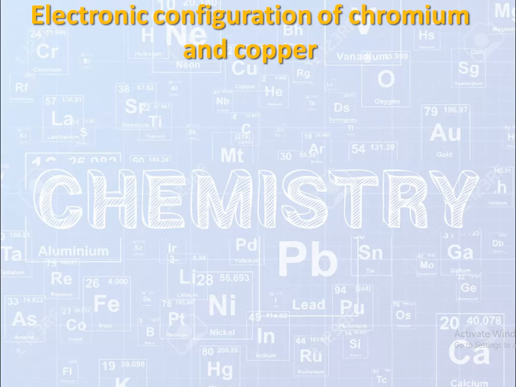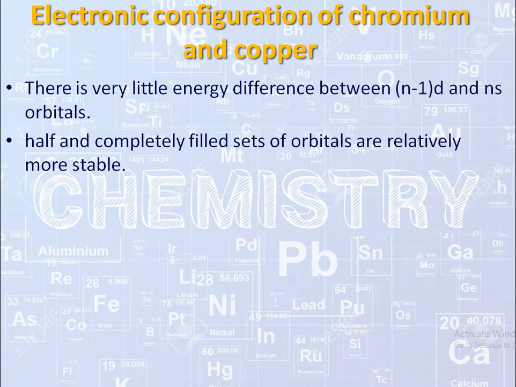Now, there are several exceptions because of the very little energy difference between the (n-1)d and ns orbitals. We know that half and completely filled sets of orbitals are relatively more stable than others. So, because of these two reasons, the general electronic configuration of transition elements has exceptions.